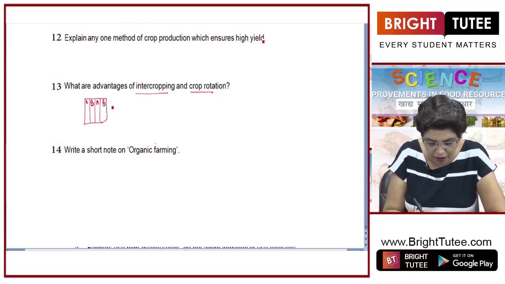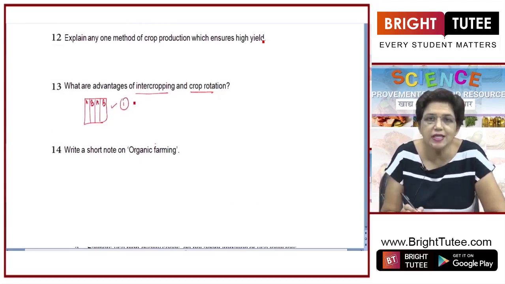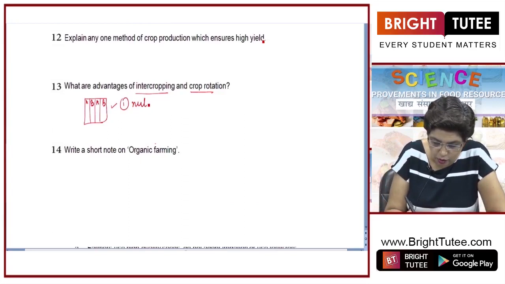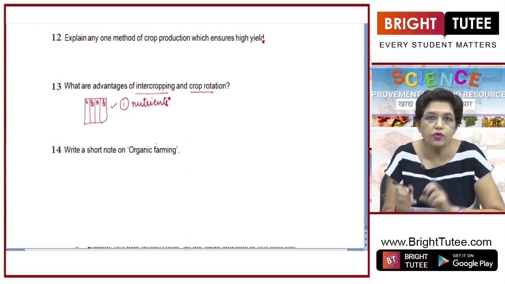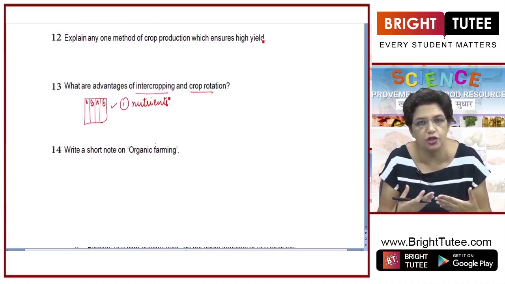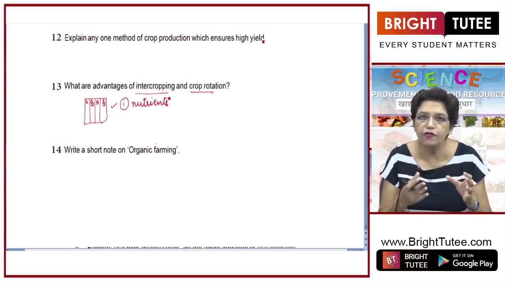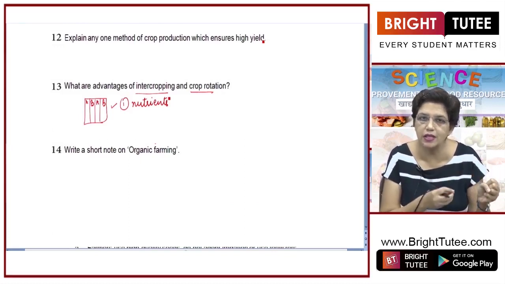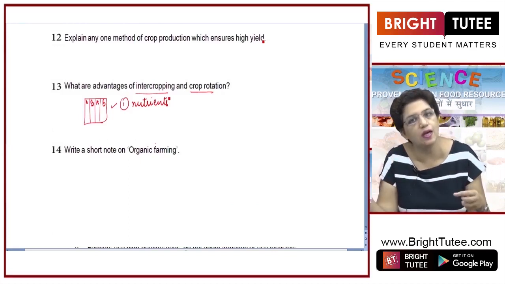So the advantages of intercropping are, firstly, that nutrients of the soil are efficiently utilized. Crop A and crop B are chosen such that they do not compete with each other for nutrients. If crop A requires a certain nutrient, crop B requires certain other nutrients.